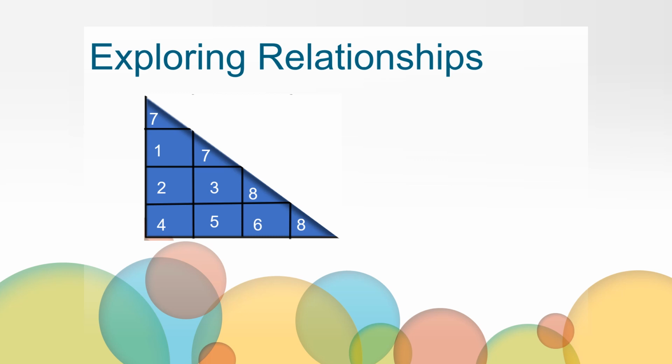Remember that two of the right triangles put together would give me 1 square unit. That's why I counted 7 twice, because two of the right triangles would give me 1 square unit. So now that I've counted the square units within the triangle, I can see that the area of the triangle is 8 square units, or 8 units squared.